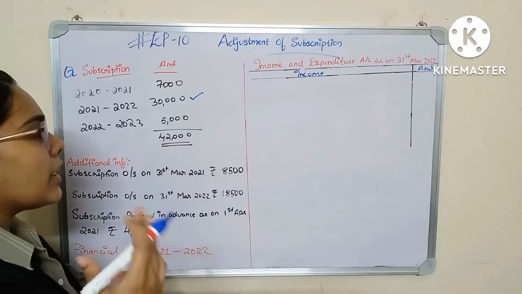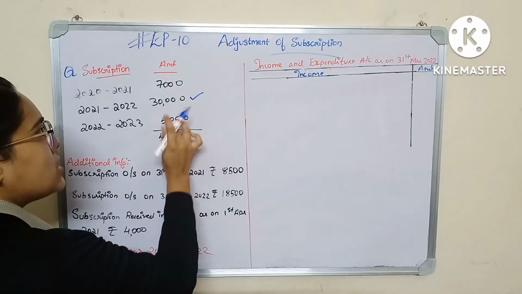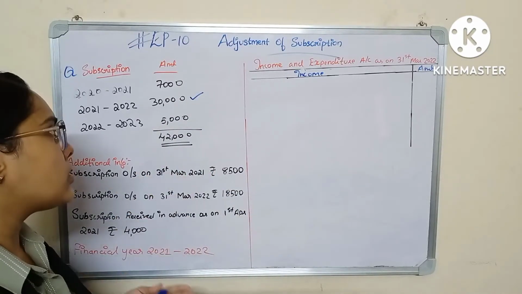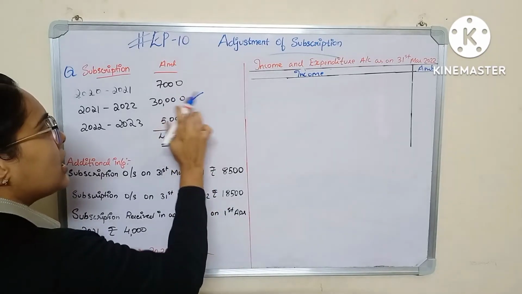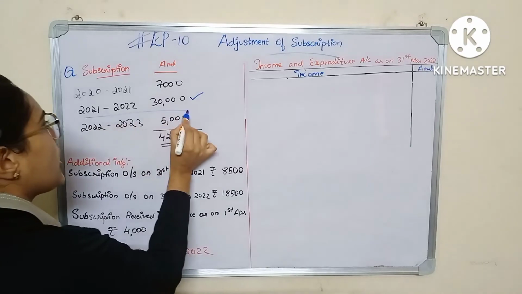You can directly take this 30,000, because if you take 42,000, you will have to subtract these two amounts while solving anyway. So you can directly calculate with 30,000, which is the amount received for the current year.